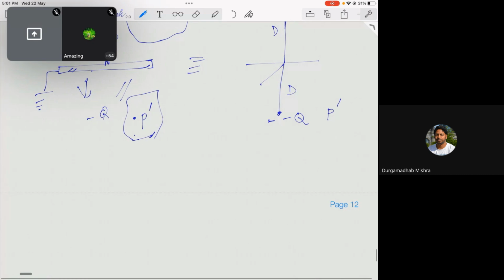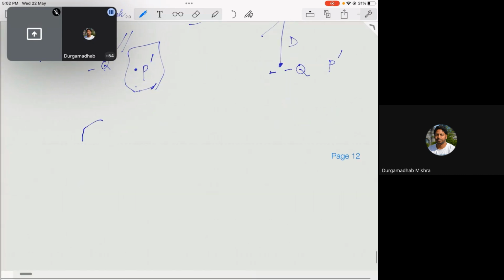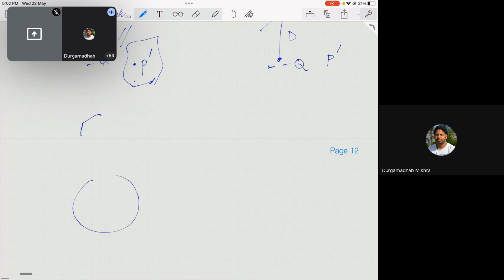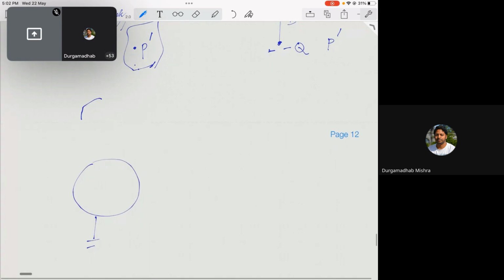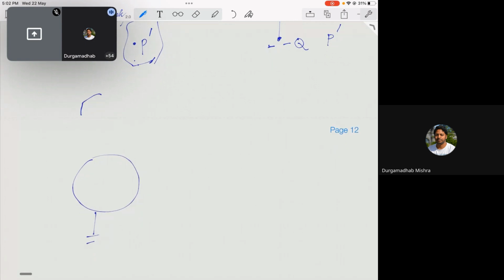Another thing is if I take, let's say, a sphere. This is a conductor, grounded, and I have charge Q here. I want to find the potential at point P, which is outside the conductor.